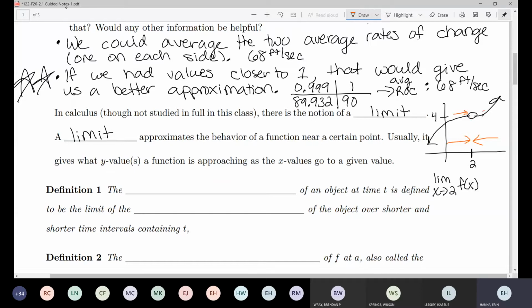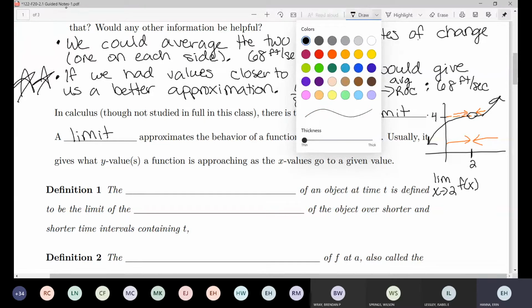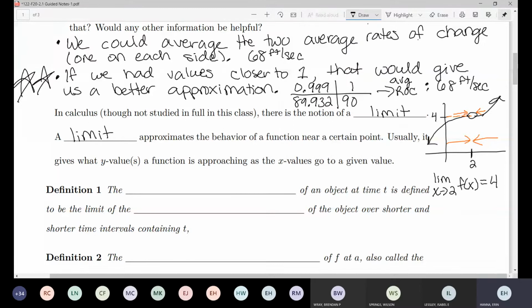But if I get really, really close to 2, where am I on the graph? What's my y value looking like? As I get obnoxiously close to 2, I'm essentially up at a height of 4. So we would say that the limit approaches or is equal to 4, because as I approach x equals 2, even if I don't actually get to x equals 2, I'm essentially up at a height of 4.